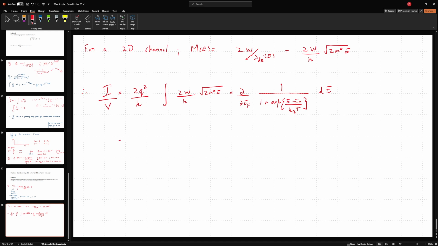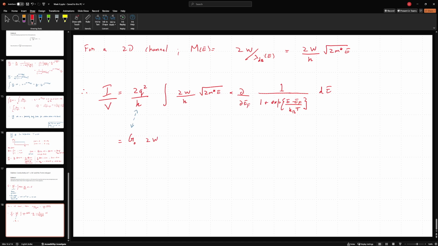So now this is going to be 2q squared upon h, which let me call g0, just for reference. So the connection between g0 is this.